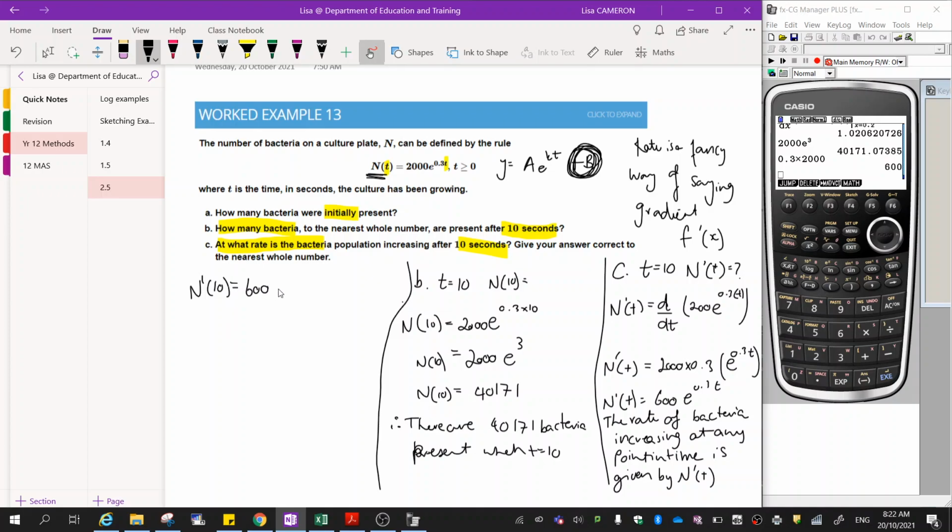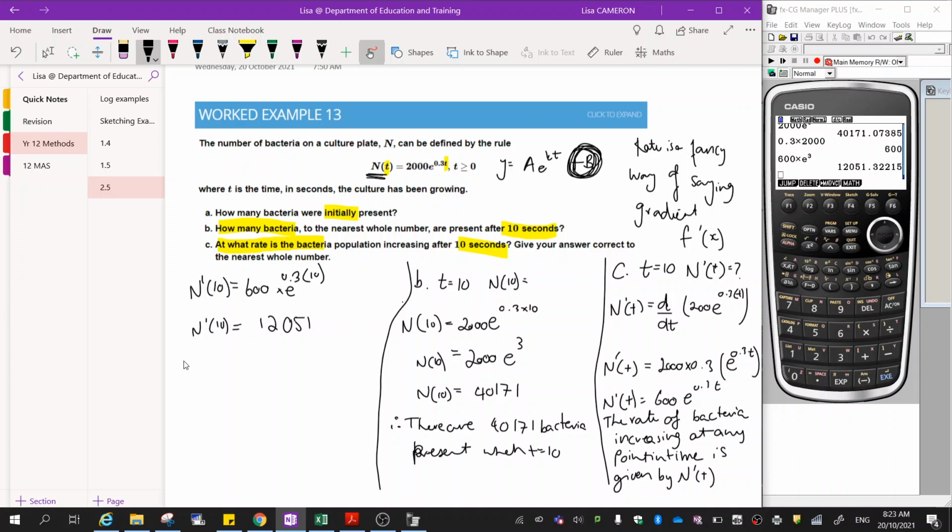So 600 times e to the power of 0.3 times 10. 600 times shift e to the power of, oh, well, we know that's going to simplify to 3. There you go. So the rate of increase is 12,051 at that time.